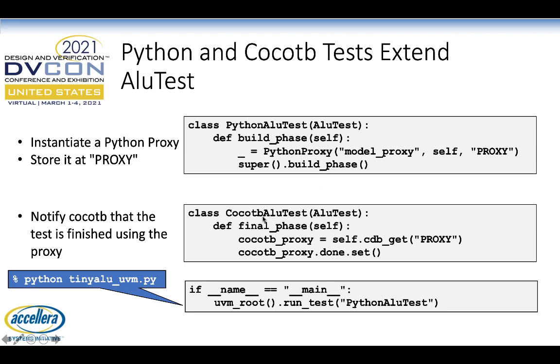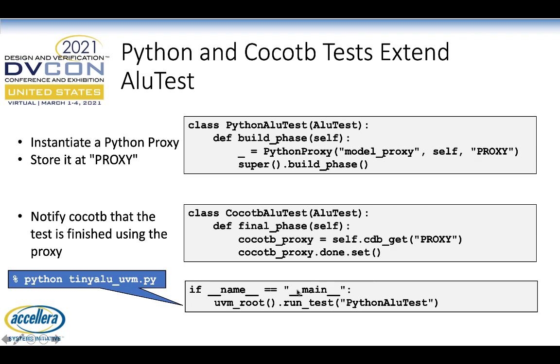The CocoaTB ALU test mostly just leverages everything in the ALU test, except it adds a final phase. The proxy contains an event, which is like a SystemVerilog event, called done. And so what we do is we get a handle of the proxy, and we call set on done, and that tells the CocoaTB test bench that the pyuvm test bench is finished.